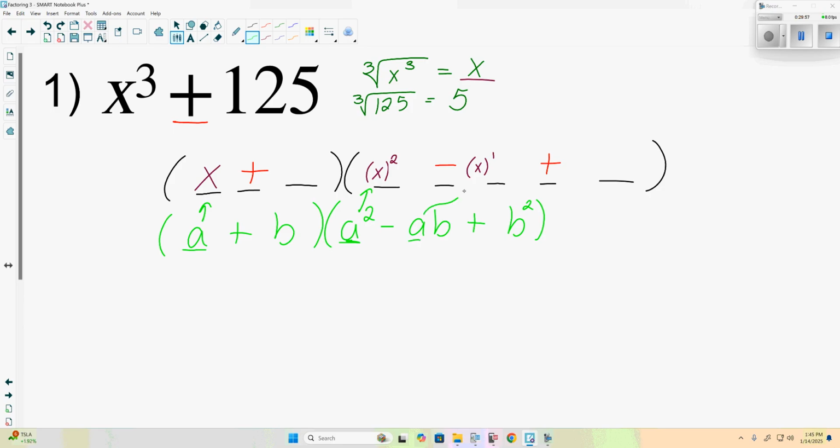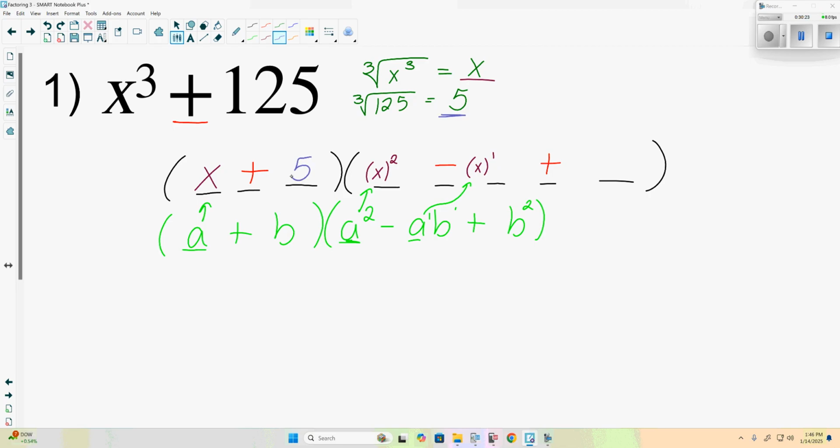Our a to the first is replaced with x to the third. In the middle, yes, because it's a to the first, b to the first. And then the last one is really a to the 0, but anything to the 0 is 1, so it's not there. Now our b, in this case, is 5.